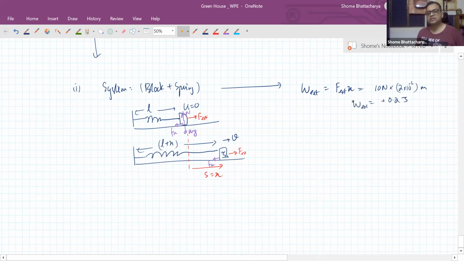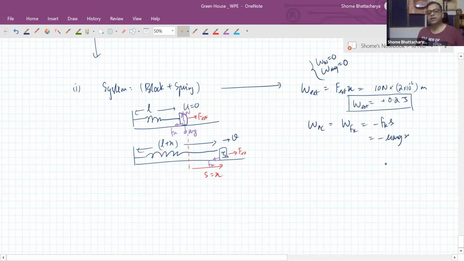This is the work done by the external agent, because work done by normal reaction is 0 and work done by mg is 0. They are acting perpendicularly, so only the external force is doing work. The work done by the non-conservative force over here is the work done by kinetic friction, which will be minus kinetic friction into s. So that will be minus mu mg into x, which is minus 0.1 into 40 into 2 into 10 raised to minus 2.